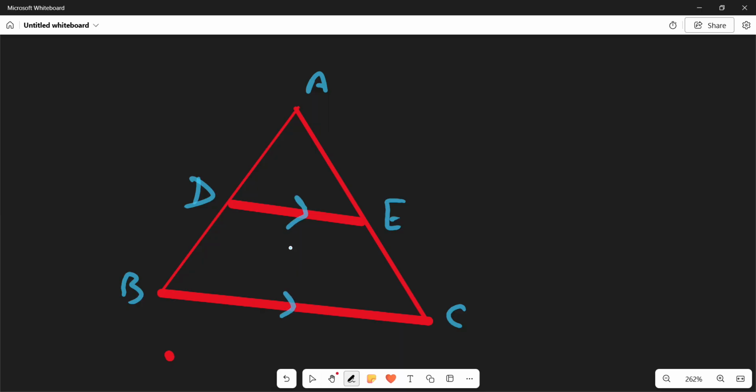They have given us that AD is 1.5 centimeters, AE is 1 centimeter, this is 3 centimeters and so on. And now I need to find the missing side. They've also given that DE is of course parallel to BC, and it says find EC. In this part I need to find EC.